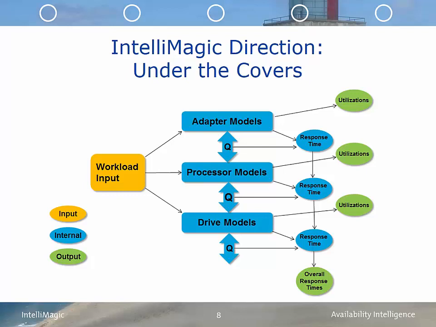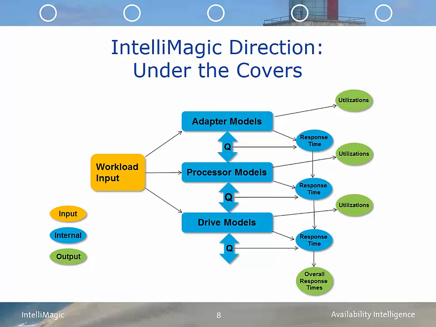These are things like the Intel processors or customized ASICs or RISC processors that are embedded into the controllers. These have both a cost for the service time and queue time associated with them. And the drive models. So these are things like the speed of the drives influence these, the RPMs would influence these, the seek time. So each of the drive models is a reflection of the drive specifications and capabilities.